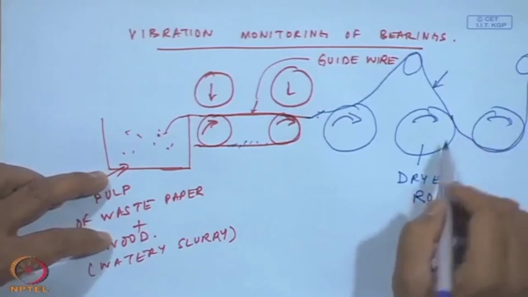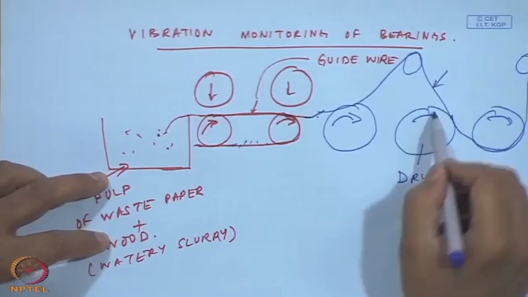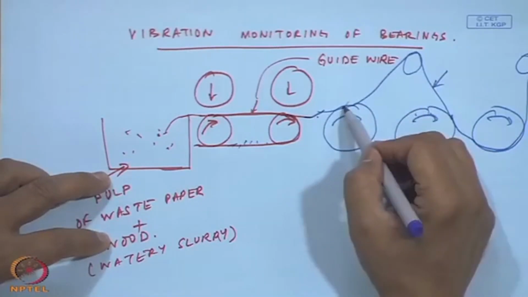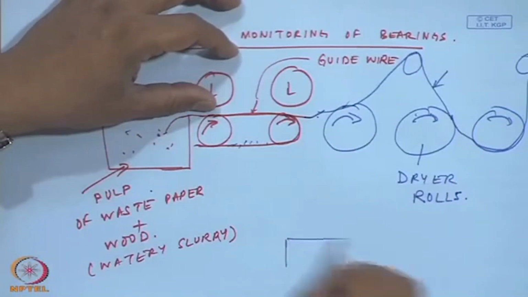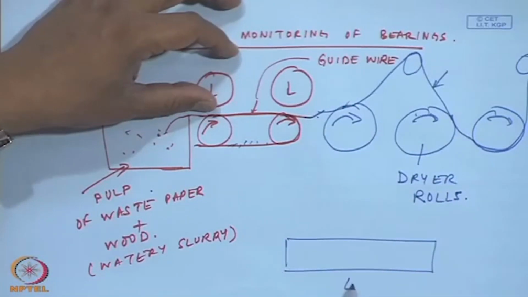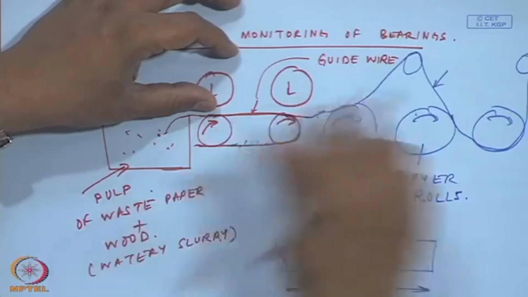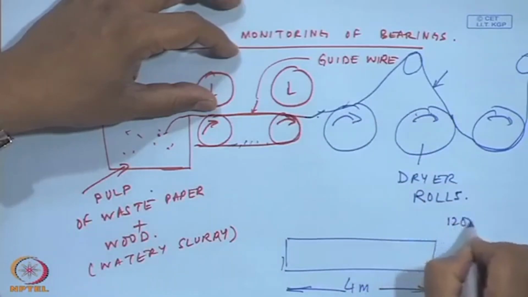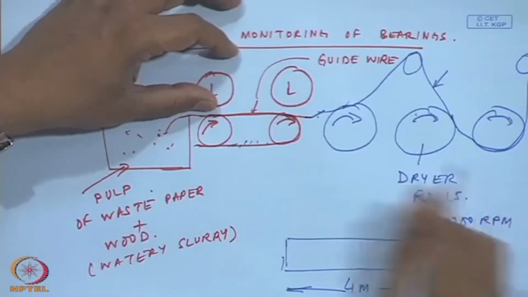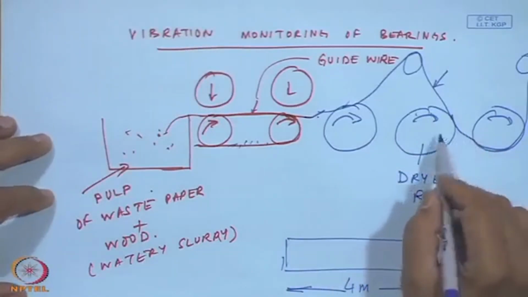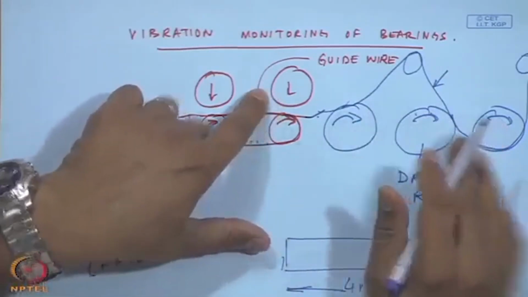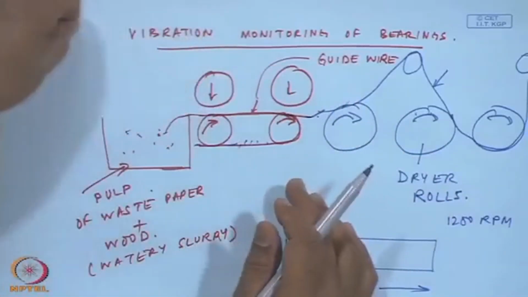Basically they are steam dried. So, this pulp is getting dried, and these rolls could be as wide as about 4 meters. Heavy rolls rotating at about 1200 RPM. A series of such rolls, and these are other dryer rolls. So, basically we are drying the pulp, where the water has been squeezed off.